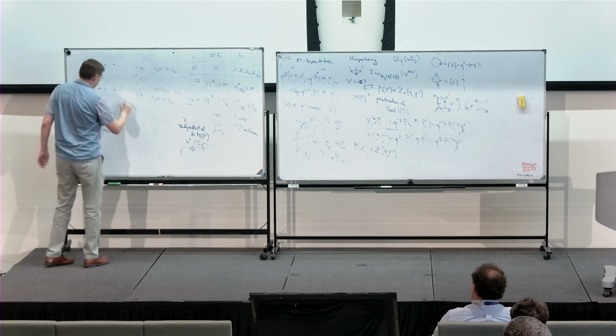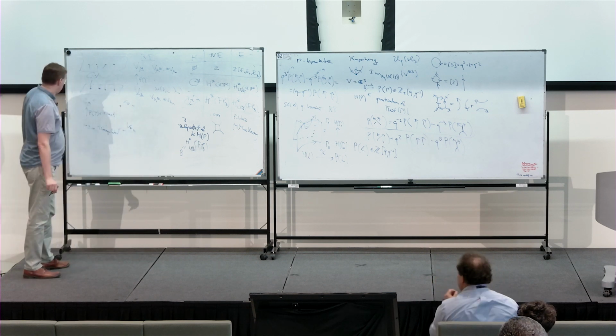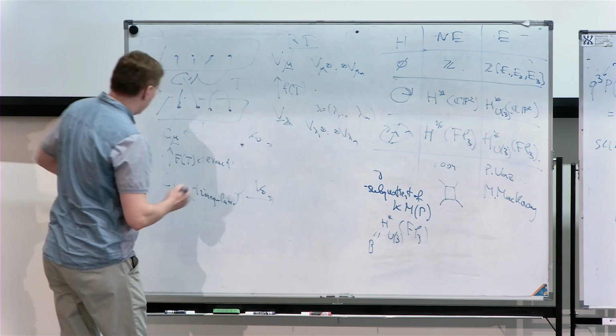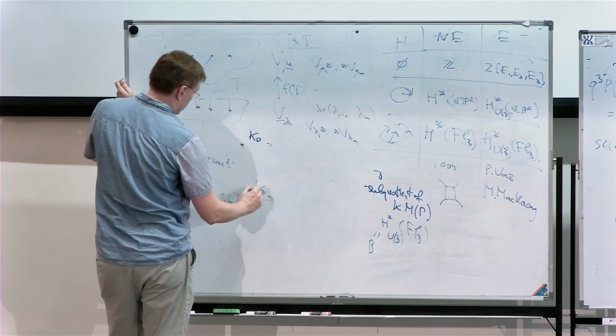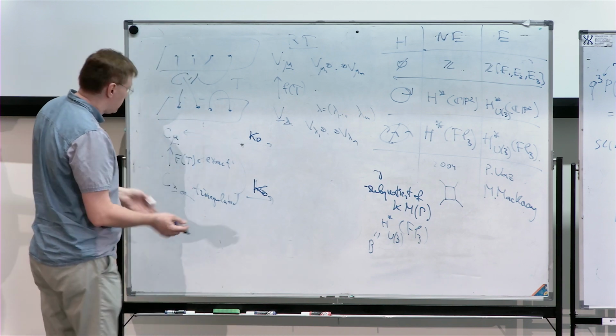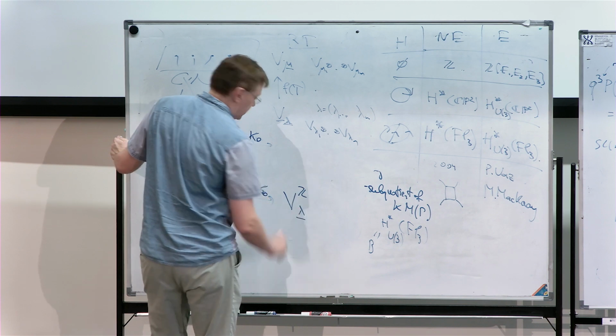So if you pass to the Grothendieck group K naught, the category turns into an integral lattice V Z lambda underlined.